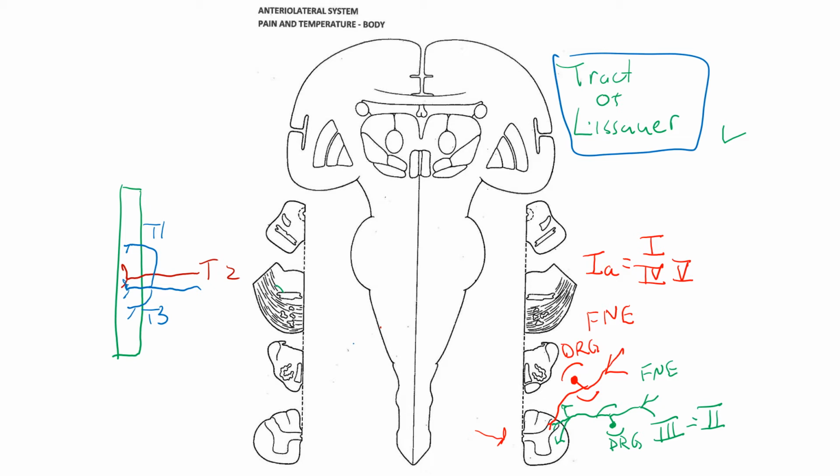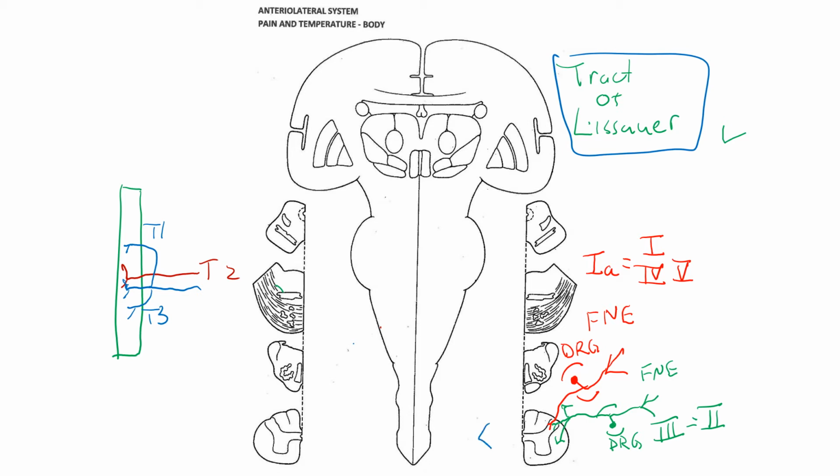And one of the things that you are going to have to do associated with your drawing is you are going to have to make a choice as to what fibers you're going to choose based on the scenario that you are given. Are you going to choose the fast pain or the slow pain? So now I'm just going to transfer that information onto the big template.